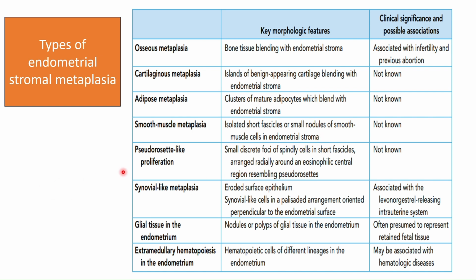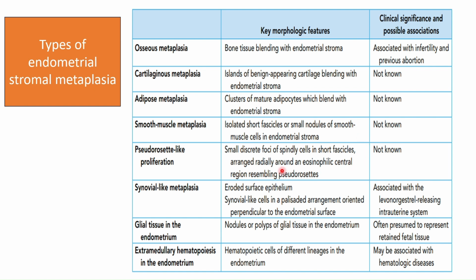Then pseudo-rosette-like proliferation: small discrete foci of spindly cells in short fascicles, and pseudo-rosette pattern means arranged radially around an eosinophilic central region. The clinical significance of these four metaplasias is not known, but they may be present in some types of lesions.